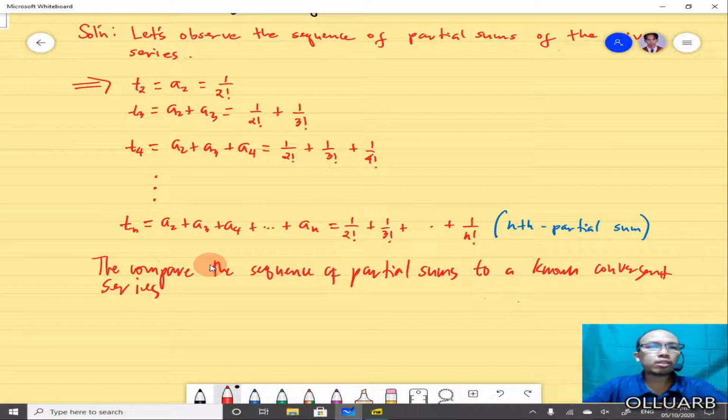This known convergent series that I am going to compare to this sequence of partial sums is the geometric series. Why? I will explain it later.